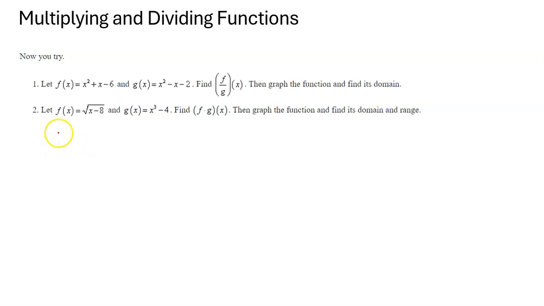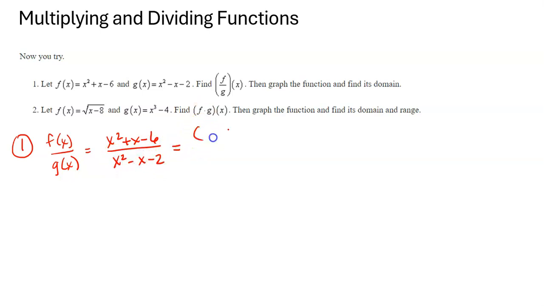Now you try. Awesome. Number 1, I think we can at least get one done. f of x is that, and g of x is that. Find f over g. Okay, so if we do f of x divided by g of x, and I plug in what we have, and then I factor it.